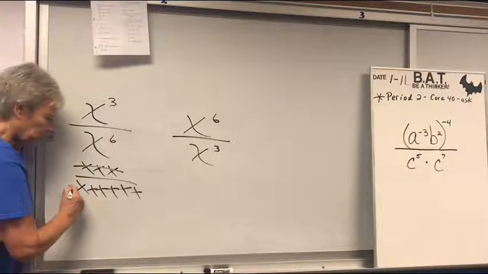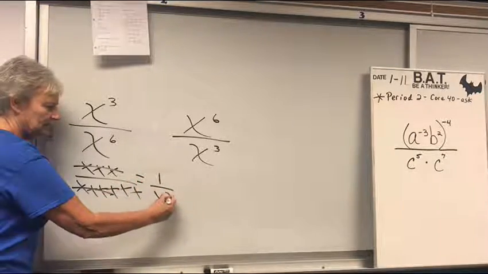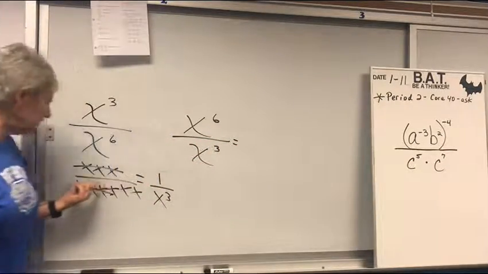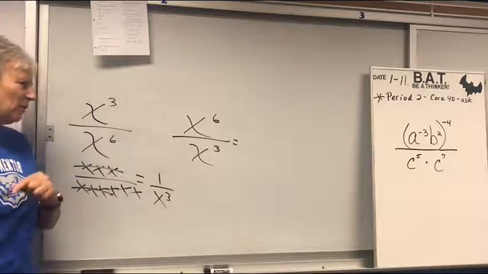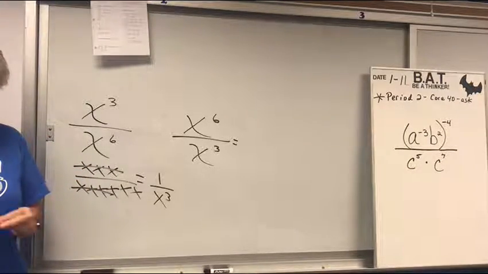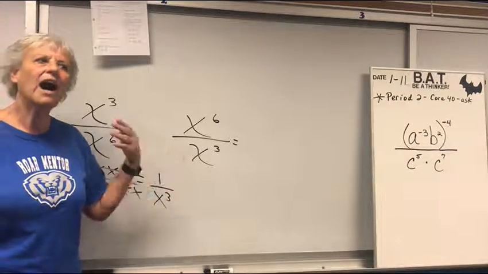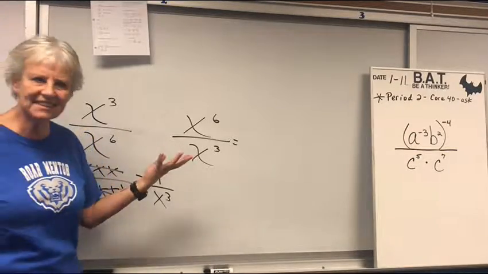These 3 cancel 3 of them out, leaving you with an extra 3 on the bottom. On this one, I don't want you to write these out like this. I want you to have common sense. I don't want you subtracting exponents or anything. Where are the extras? On the numerator. How many extra? 3. That's it.